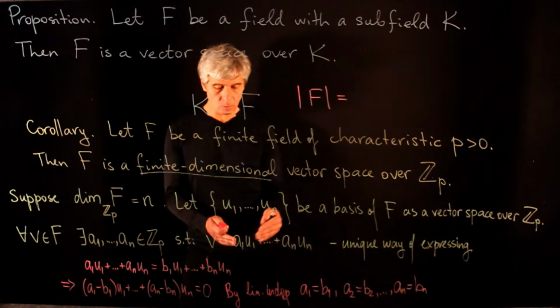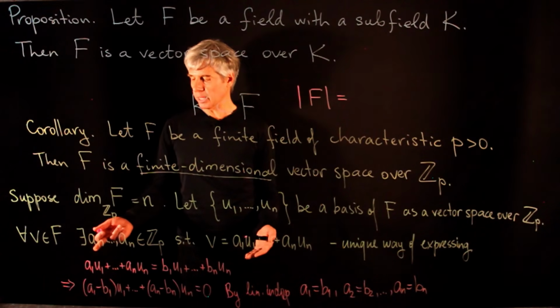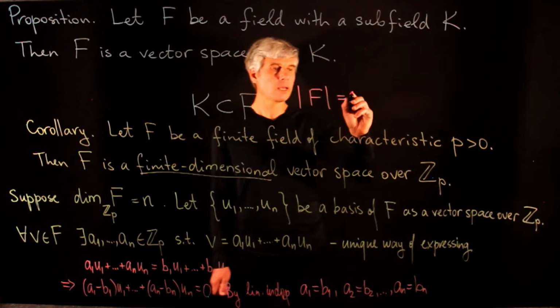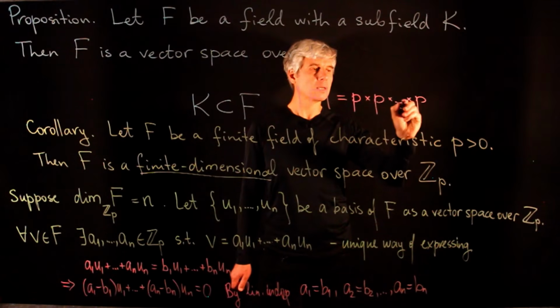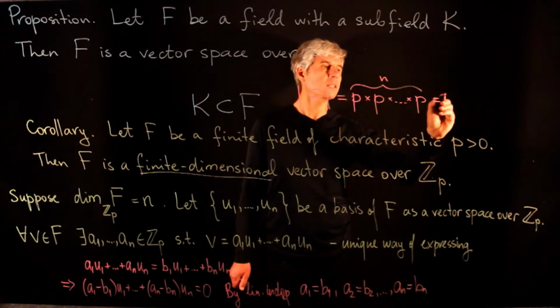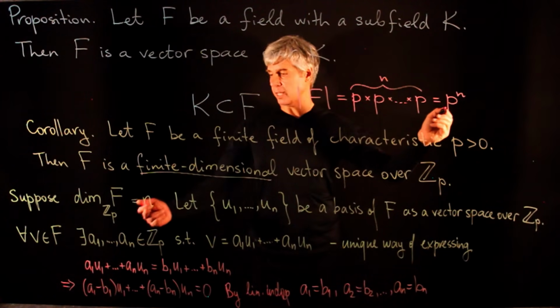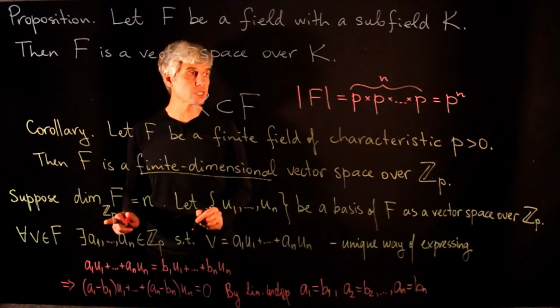To count the number of combinations, we multiply the number of choices for the first term, the number of choices for the second term, and so on, and what we get is p times p times p, n times. So we get p to the power n, where n is the dimension of F as a vector space over Zp.